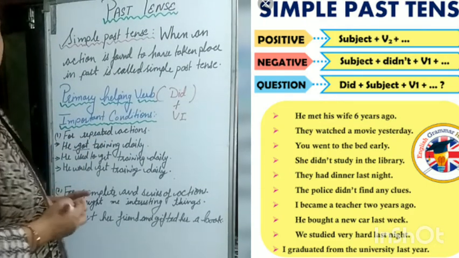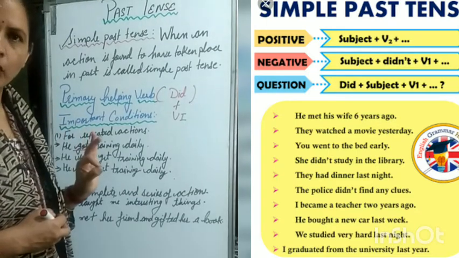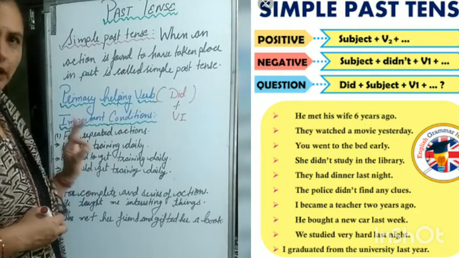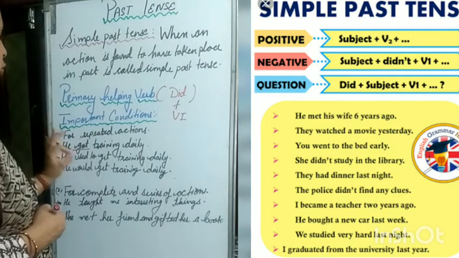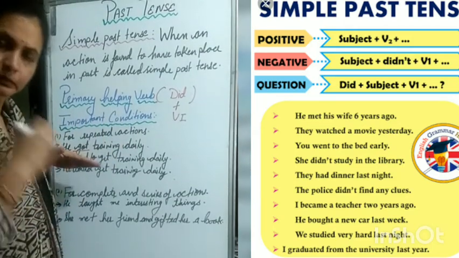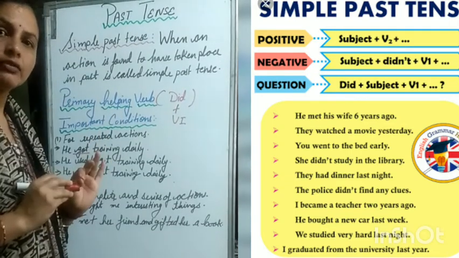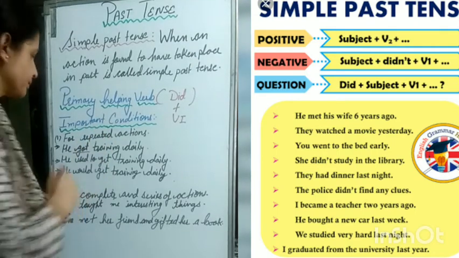So this got is main verb here, and it is second form of get. He used to get training daily. Used to, again that is second form of use.